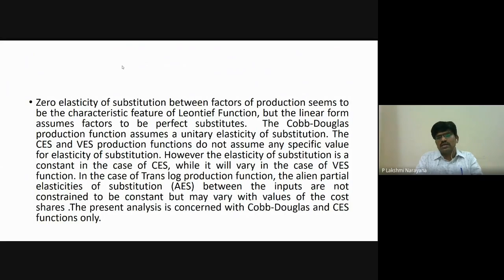For third semester production economics and farm management, we are confined only to Cobb-Douglas and CES function. In this lecture, I would like to confine myself only to Cobb-Douglas production.